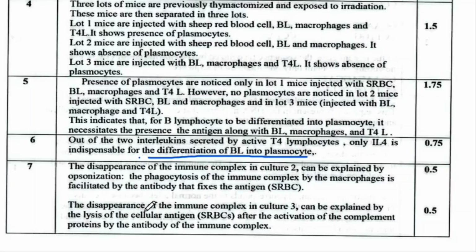The disappearance of the immune complex in culture 3 can be explained by the lysis of the cellular antigen after the activation of the complement proteins by the antibody of the immune complex. So, in conclusion, the immune complex can be eliminated in two ways: by macrophages through phagocytosis and by complement proteins through lysis.